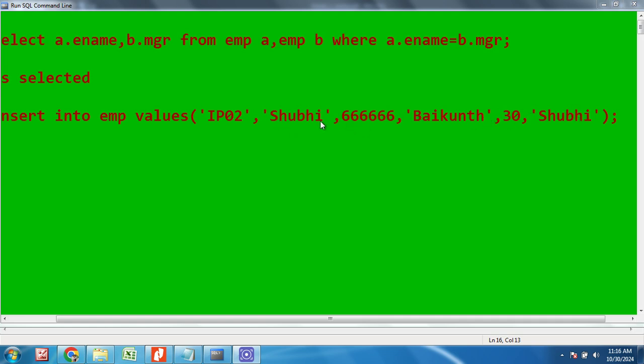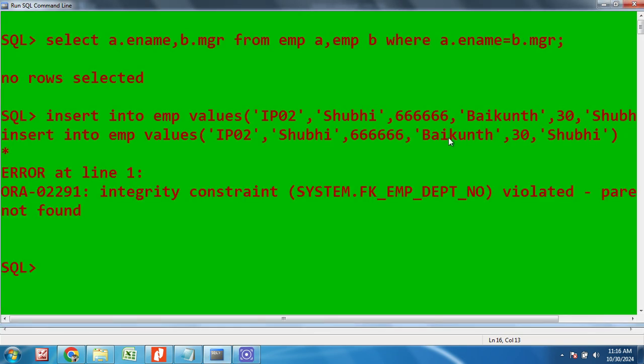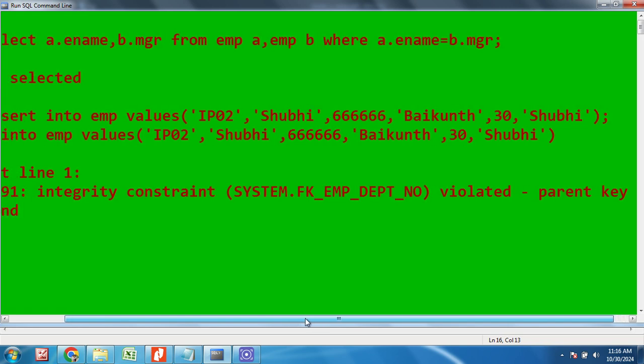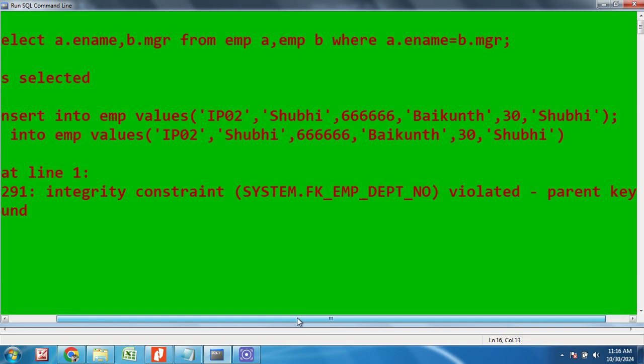Here I am using Shubhi and Shubhi, and we will see whether both the values will be matched or not. So if I click on that, integrity constraint, parent key department number violated. So here we cannot insert 30.